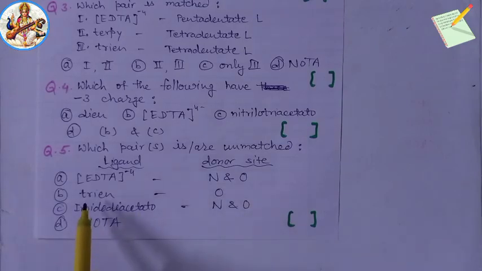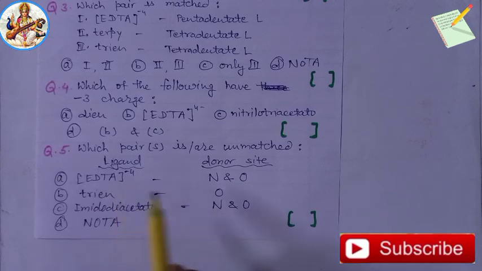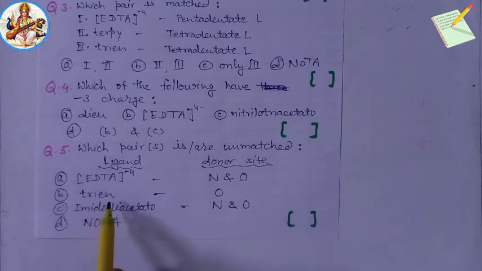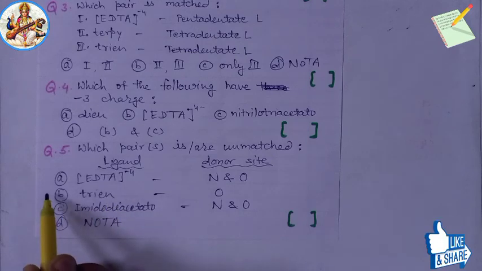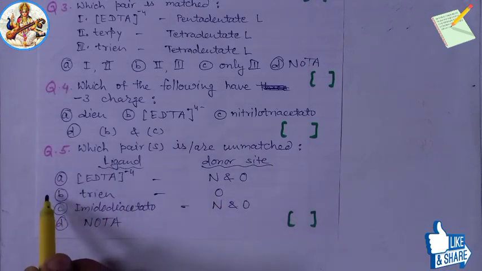We know that in imido diacetato, donor sites are 1 nitrogen and 3 oxygen atoms, so it is a matched pair. In EDTA 4-, donor sites are 2 nitrogen and 4 oxygen atoms, so it is also a matched pair. And in trien, we know that the donor site is nitrogen atoms. Therefore, option B is an unmatched pair. So the answer will be option B.